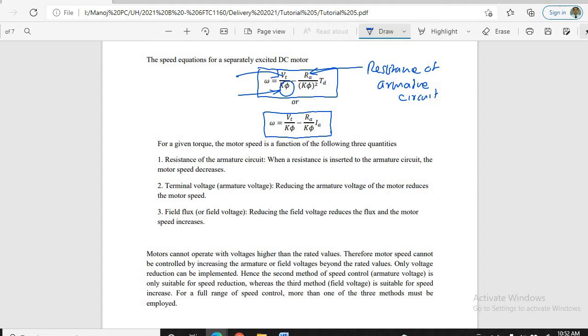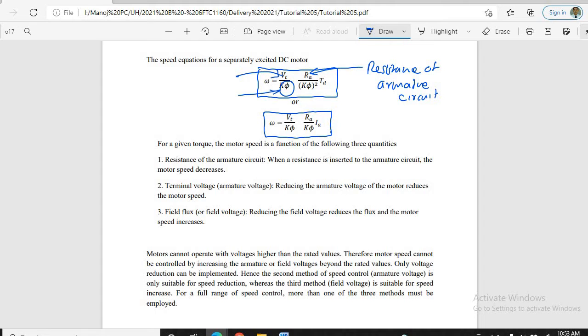So you can see when the field voltage is reducing, this phi value will also reduce, and therefore it will result in a speed increase.